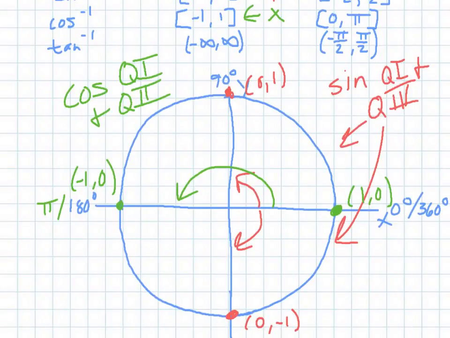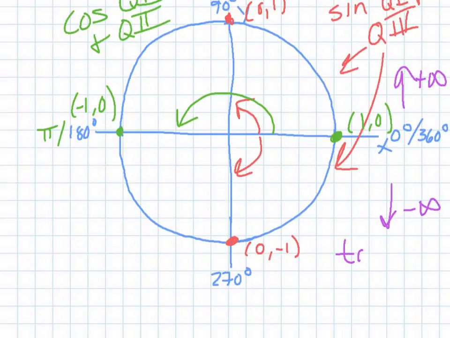So it'll go from -infinity to +infinity, but it's going to be restricted to the first and fourth quadrants as well, just because you always want to have the 0, the initial side to begin with.